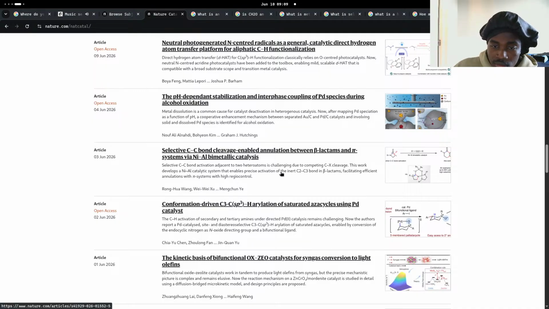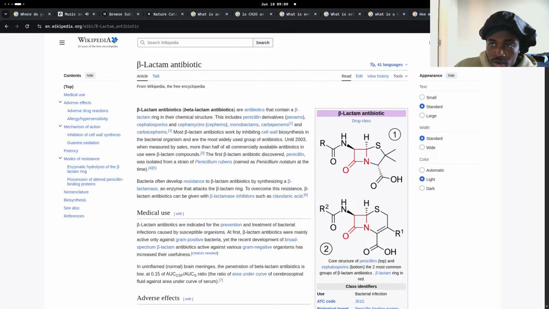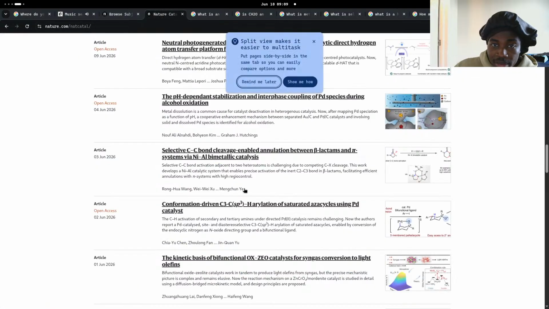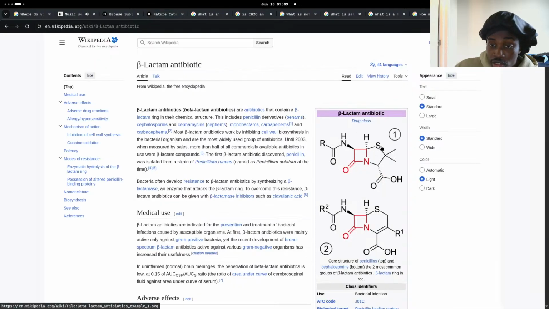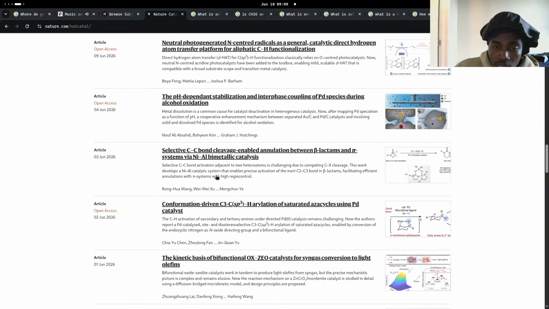All right, so activation, which I would assume to be bond breaking by metal. Boom, boom, cleave this bond. Selective carbon bond activation between two heteroatoms, aka nitrogen and sulfur, is challenging due to competing carbon-heteroatom cleavage.